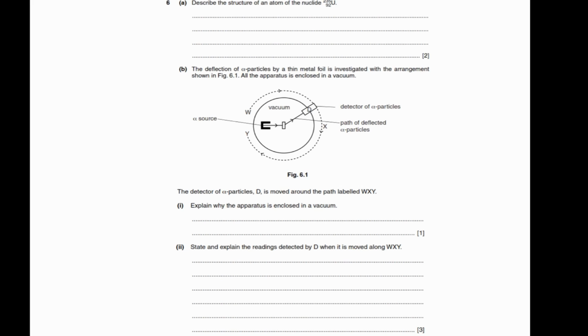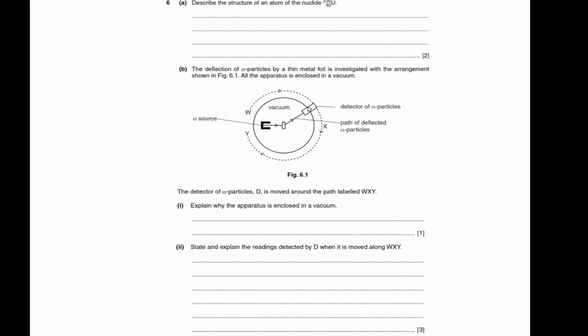Now for the next part, we're going to look at part B. This is Rutherford's alpha particle scattering experiment. Why is this apparatus enclosed in a vacuum? Remember, the alpha particles are coming out from the source, and we want these alpha particles to reach the gold foil.